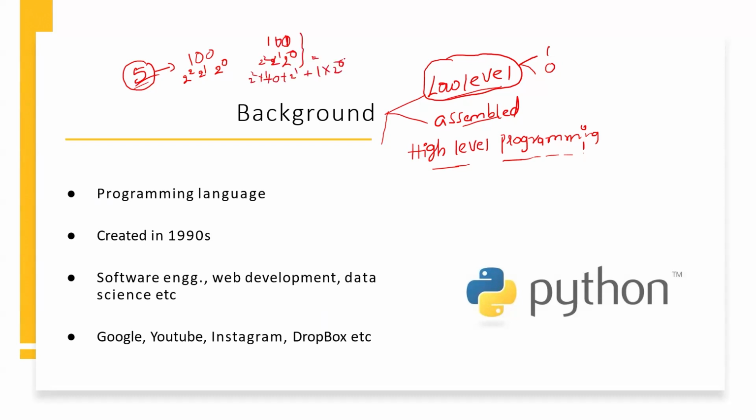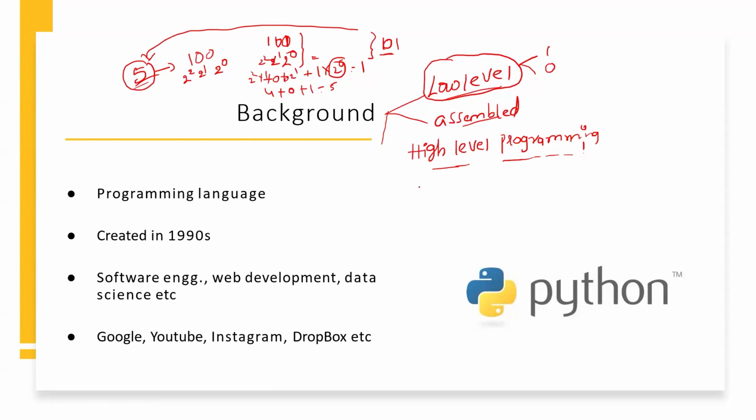Anything to the power of 0 is 1. So 1 into 1, 0 into 2, 0, plus 4. This is the answer. The binary number 101 belongs to the value of 5.